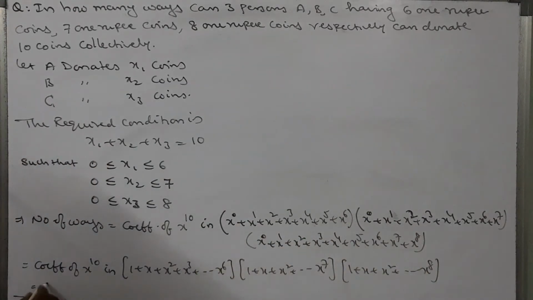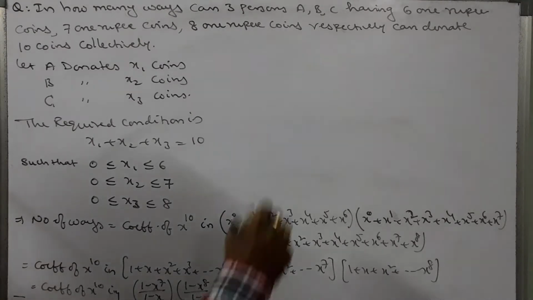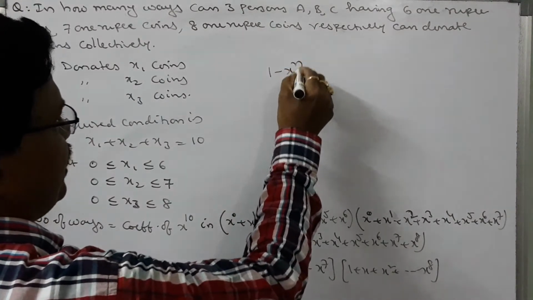This is equal to the coefficient of x power 10 in (1 minus x power 7) by (1 minus x), into (1 minus x power 8) by (1 minus x), into (1 minus x power 9) by (1 minus x). Already we know that (1 minus x power n) by (1 minus x) is equal to 1 plus x plus x square plus so on up to x power n minus 1. This is the important formula you need to remember.